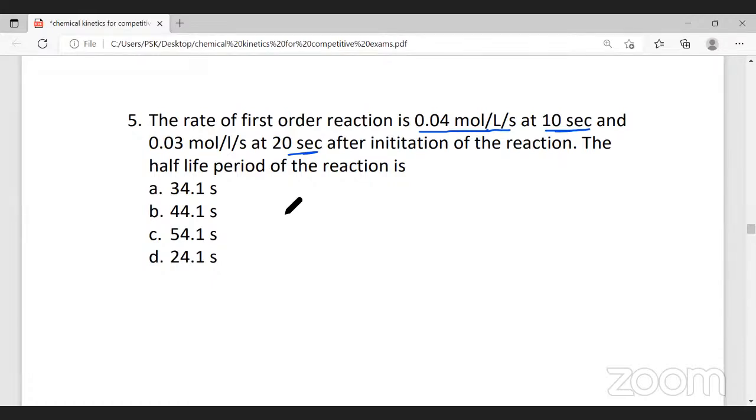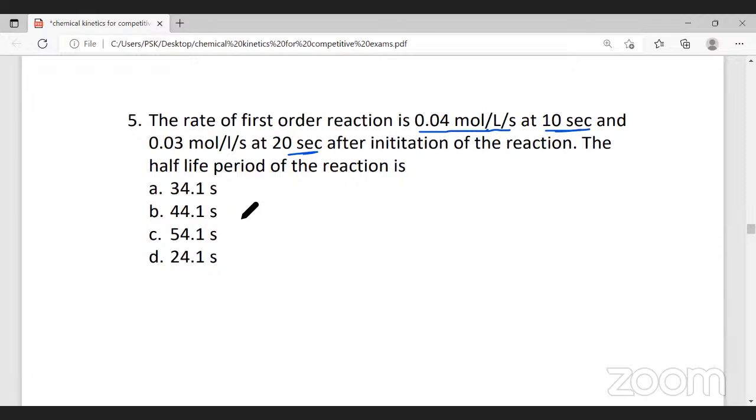You should remember, for a reaction, the rate constant will remain the same at any interval of time. Whether you measure the rate constant at 10 seconds, 20 seconds, 30 seconds, 1 minute or 1 hour, the value of K will remain constant.